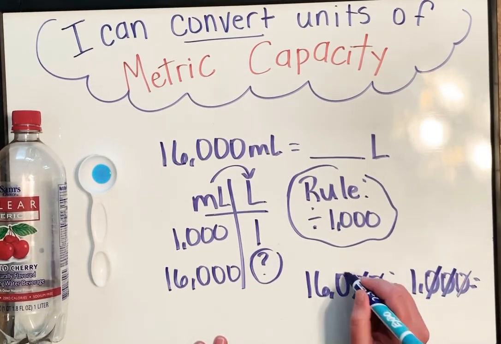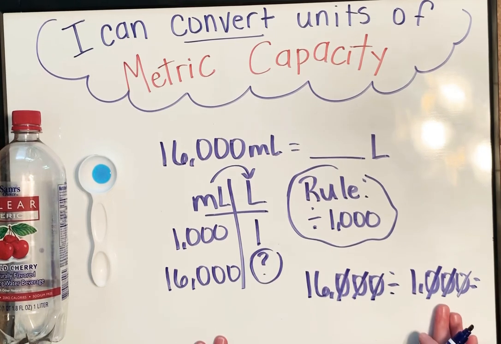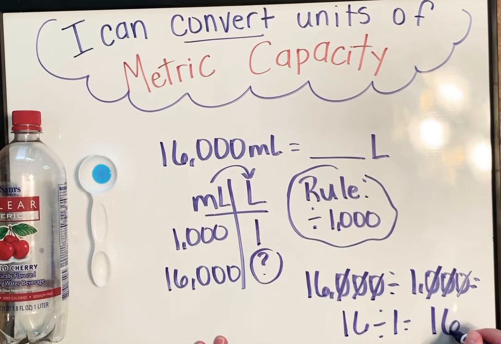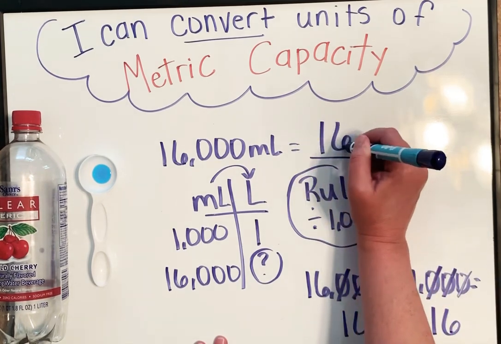Take this one, match it with that one. I don't have any more to match on either side. I have 3 here and 3 here. You don't want to do 3 here and 4 here. It has to be one at a time, one-to-one correspondence. So now we're just left with 16 divided by 1. And that is 16. So that would be 16 liters.